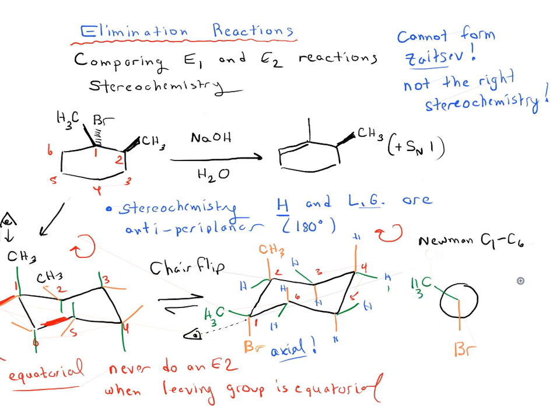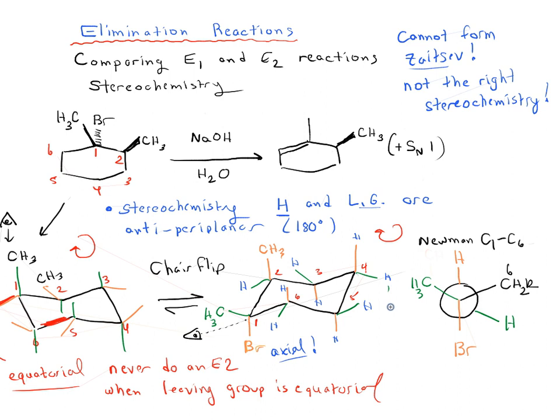And then we'd have our C6, CH2R, pointing there. And then what's going to be pointing straight up? This hydrogen is going to be pointing at 12 o'clock. And then this hydrogen is going to be pointing a little bit to the right and down, so at 4 o'clock.